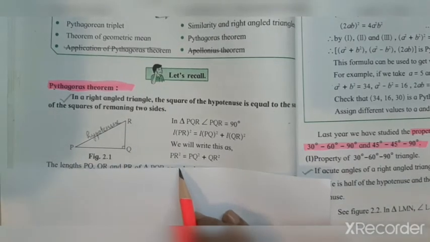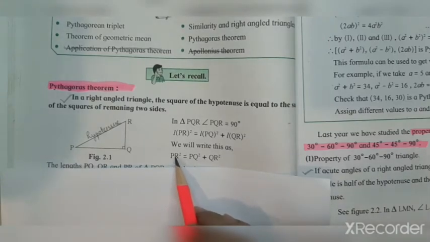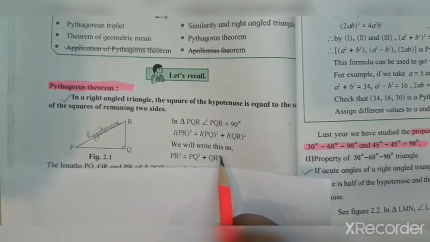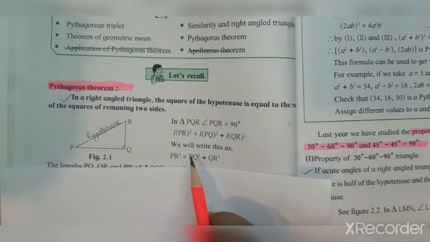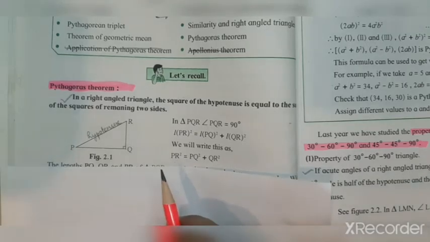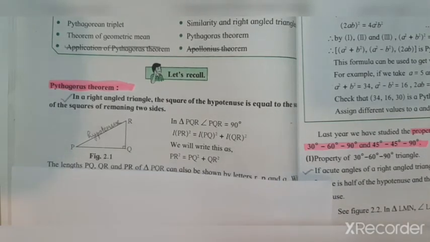So the theorem says that the square of the hypotenuse, PR square, is equal to the sum, the addition, of the squares of the remaining two sides, PQ and QR. So here in given triangle PQR, where measure angle Q is 90 degree, we have used Pythagoras theorem, which is very simple and not new for you, as you have all studied this earlier.